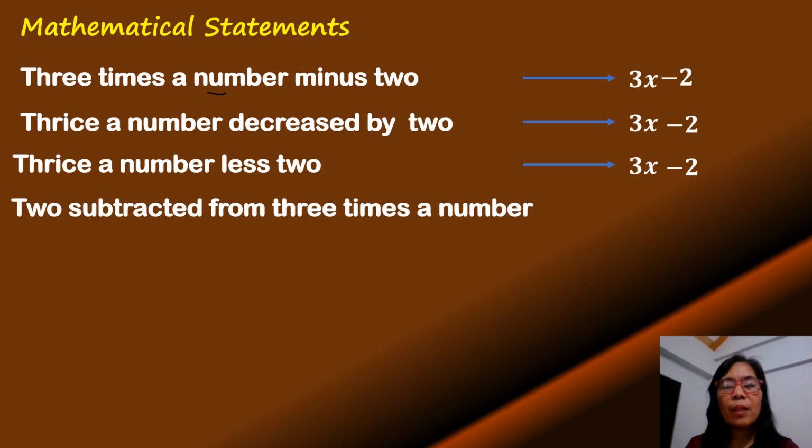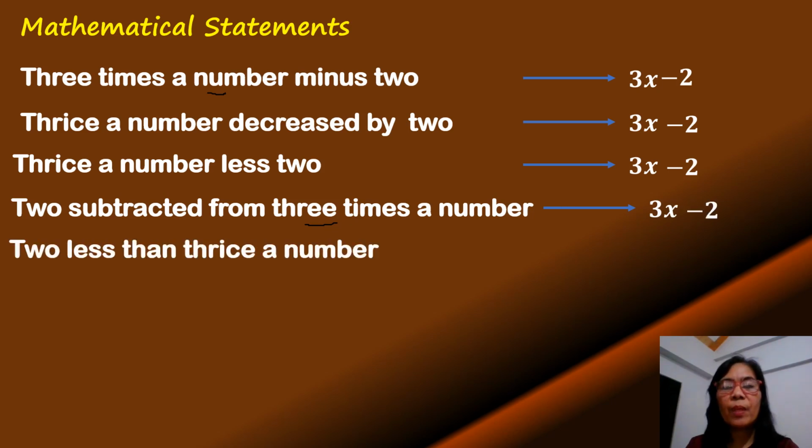2 subtracted from 3 times a number. So that means we have to write first the 3 times a number, then we less 2. That would give us again 3x minus 2. 2 less than thrice a number. So take note again of the term less than. So 2 less than, that means we are going to write first this thrice a number and then we subtract 2.